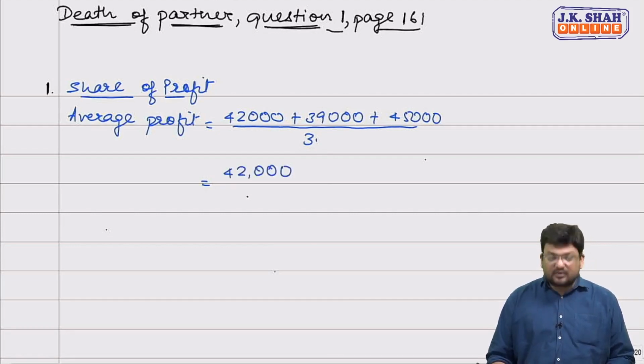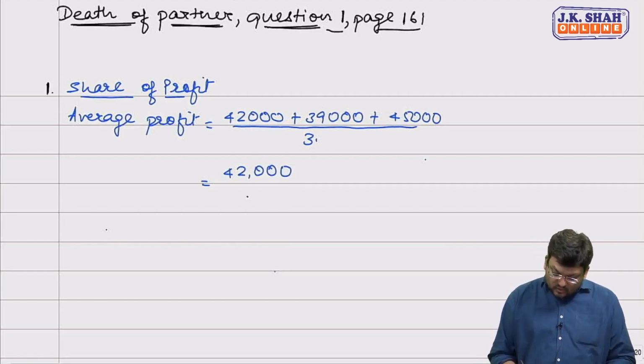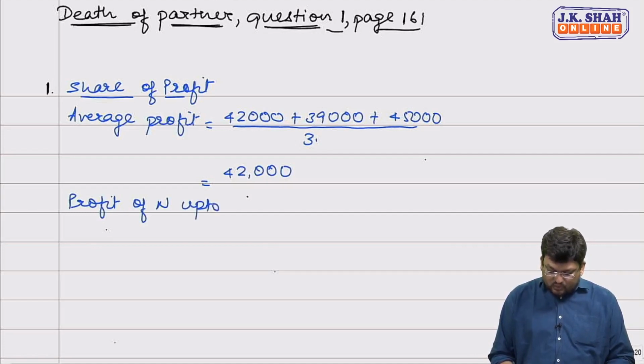Average profit is 42,000 and average profit means profit of 1 year. Now, how much will be the profit of N up to the date of death?